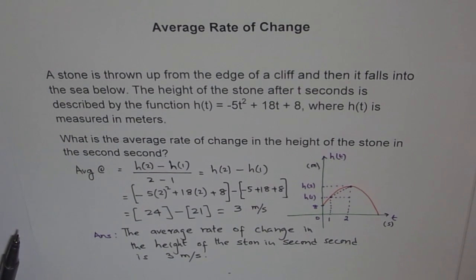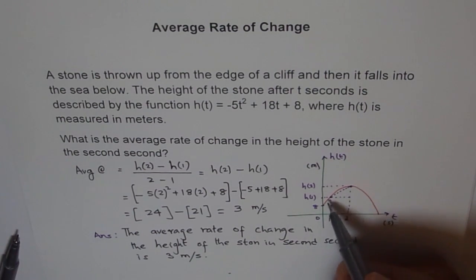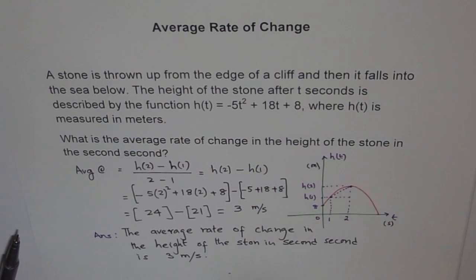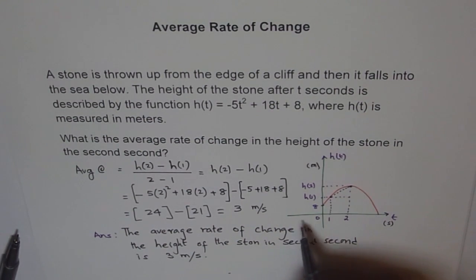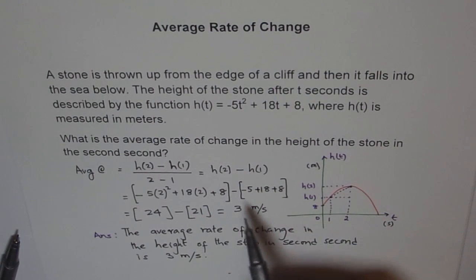Now 3 meters per second is positive, that means the stone is going upwards. The slope is positive. So this kind of graph shows the situation quite correctly, and may not be to the scale, but it's kind of correct. But I hope you understand the process.